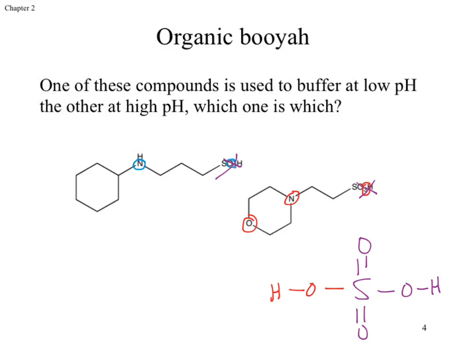What's the difference between oxygen and nitrogen? Electronegativity. Which one's more electronegative? Oxygen. What does that mean it does with its electrons? It holds them. Nitrogen, being less electronegative, is much more willing to share those electrons with a hydrogen.